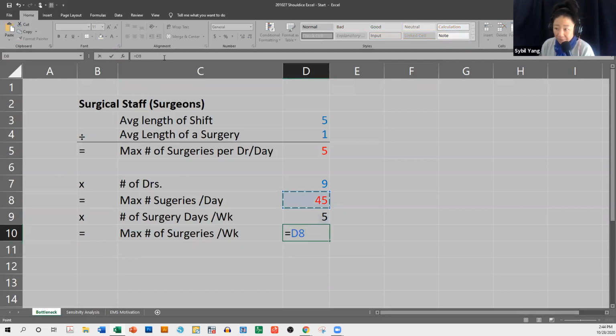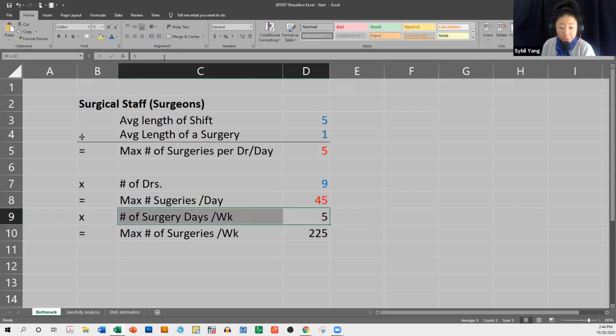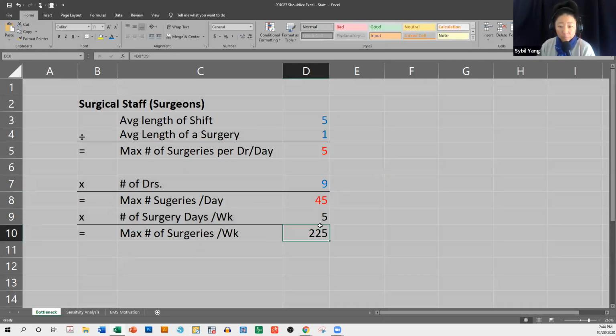If we can do 45 a day and we perform surgeries 5 days a week, at the most we can do this many surgeries. Okay, and this is going to be blue and this will be red.